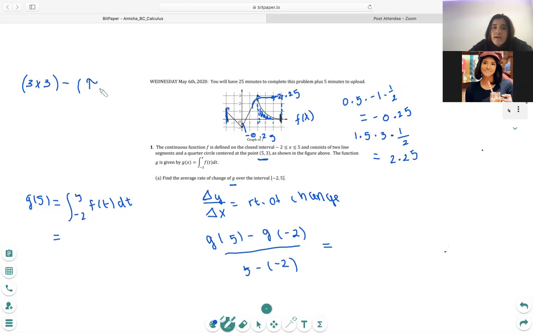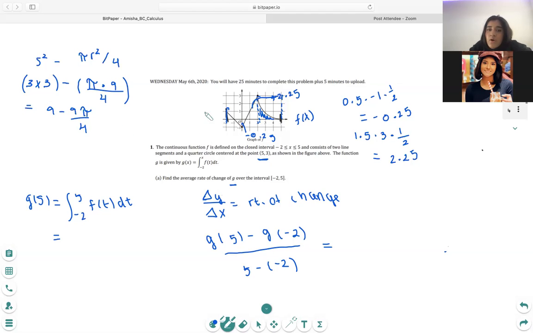So pi times a radius of 3 squared, so pi times 9 divided by 4, right? Because we have s squared minus pi r squared over 4. And so if we do this, we get 9 minus 9 pi over 4.